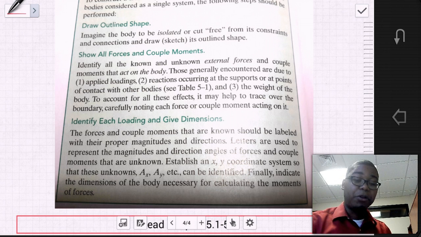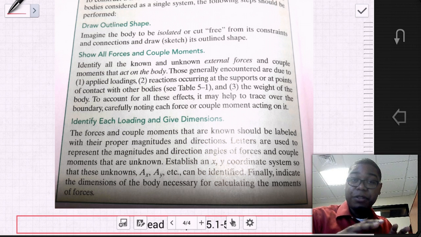And so you'll encounter things such as applied loads, which are the things that are given, the reactions that occur in supports and contacts within the body, those are the unknowns, and then also the weight of the body. If you're given a mass, then you can assume that the body will have a weight due to that mass. If you're given a body that doesn't have any mass, then you can assume that there is no weight, okay? And this information will be in the drawing, in the diagram.